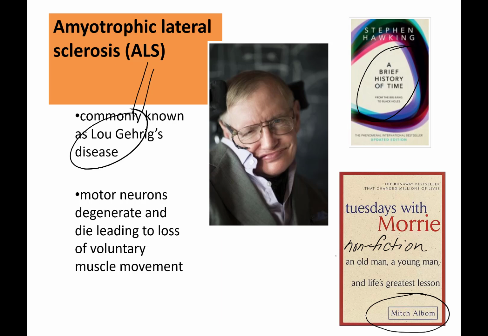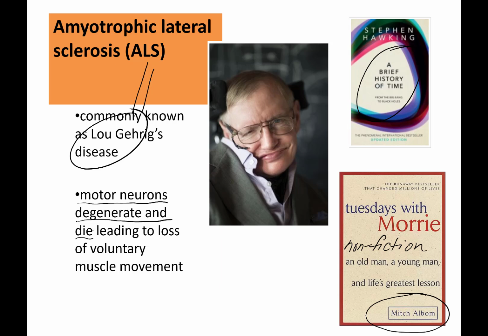But this is caused by those motor neurons, the ones that are supposed to be telling the muscles to contract. These degenerate and die. And so as you can see with Stephen Hawking, he lost the ability to walk, lost the ability to talk. He used a computer to do his talking for him. Stephen Hawking obviously has a different form of ALS.